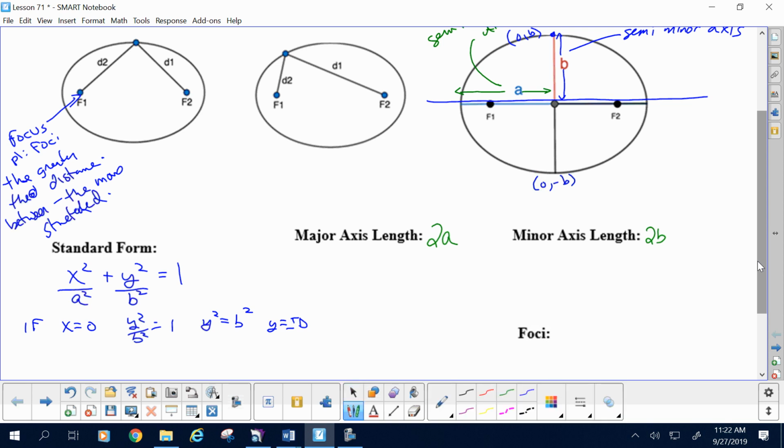Likewise, if y is 0, then this guy's gone, then the new equation is x squared over a squared equals 1, which means x squared equals a squared, which means x is plus or minus a.